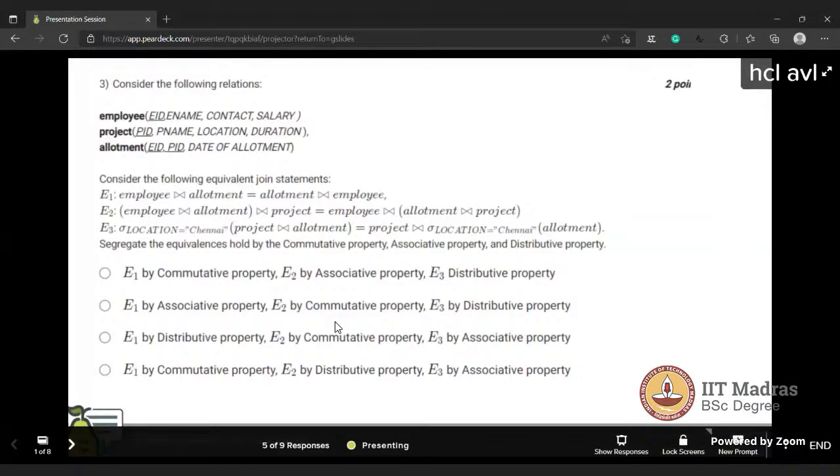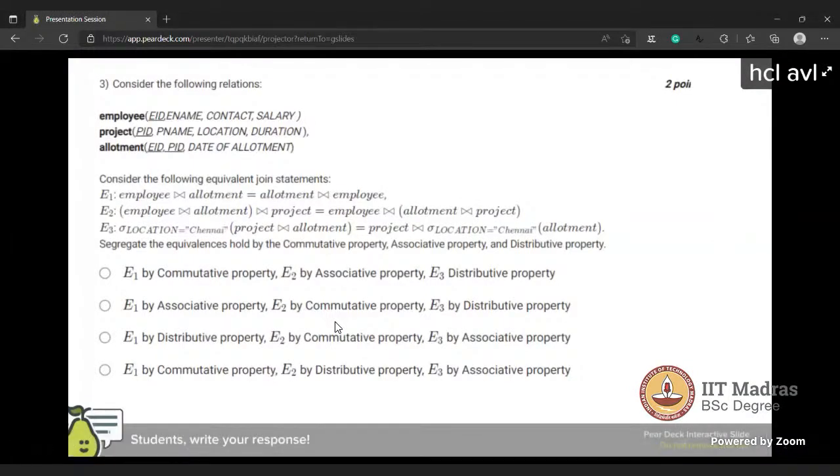Okay, the question is: consider the following relations: employee and the attribute name, project and the attribute name, allotment and the attribute name. Consider the following equivalent join statements: E1, employee natural join allotment equal to allotment natural join employee.